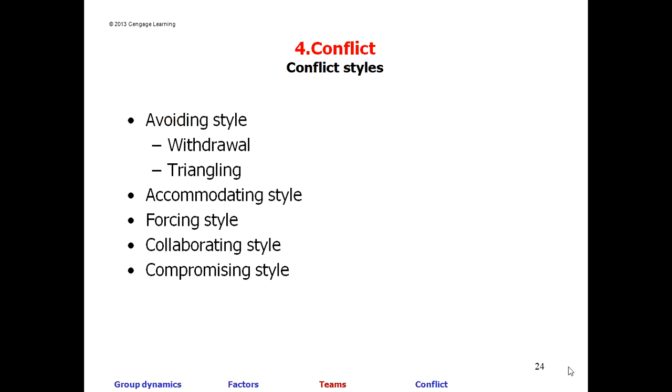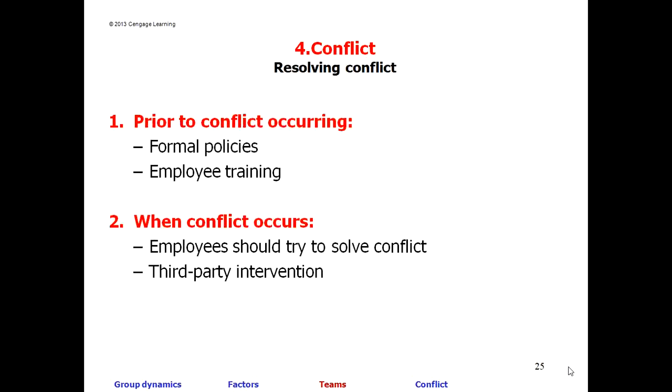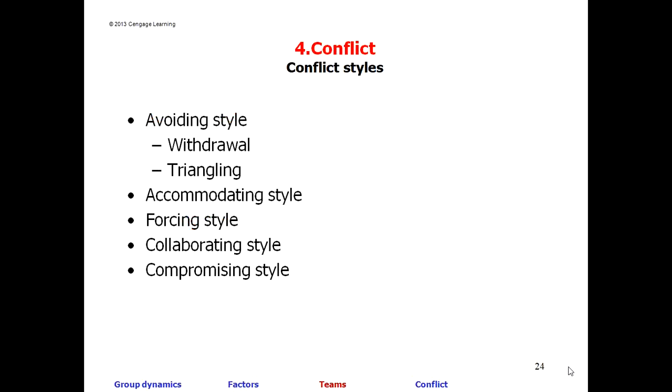Now, this is a very interesting part of conflicts, which are called avoiding, accommodating, forcing, collaborating, and compromising styles. These styles are different ways people react towards any kind of conflict in an organization, where people try to avoid a conflict.